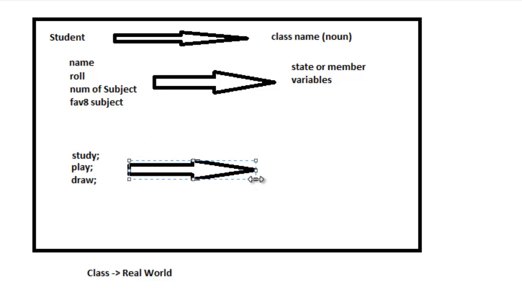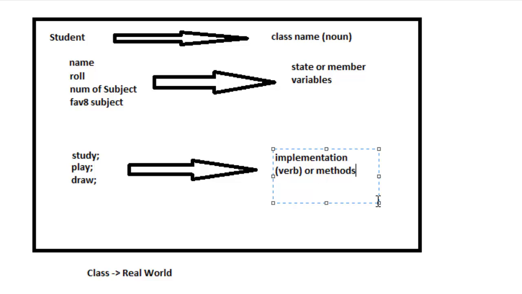These things that a student can do are called the implementation, which mostly are verbs, and this implementation is also called methods. Now you remember what methods are? Methods are the functions. So study, play, and draw can be considered as separate functions. Okay, so this is the student class in a real world scenario.